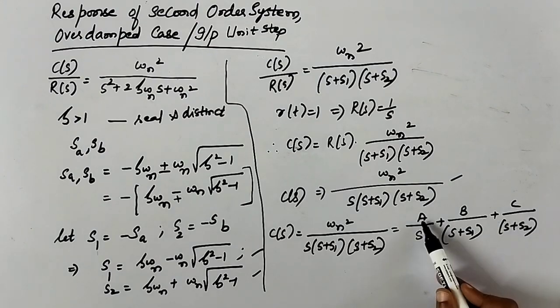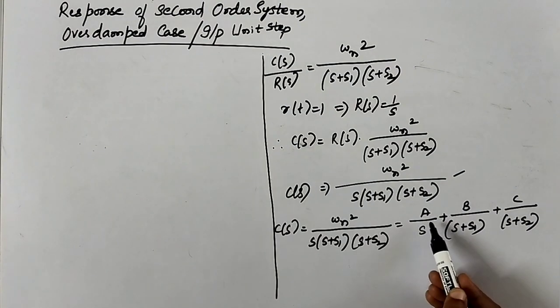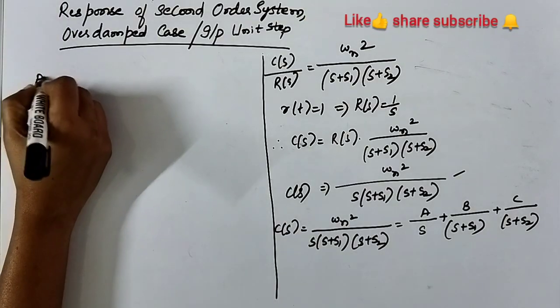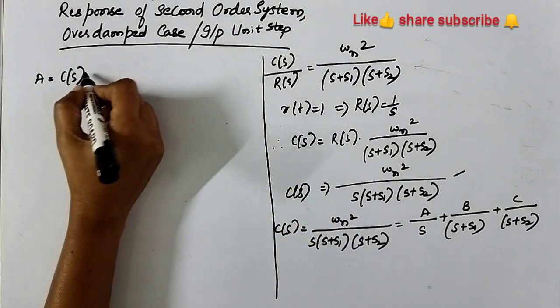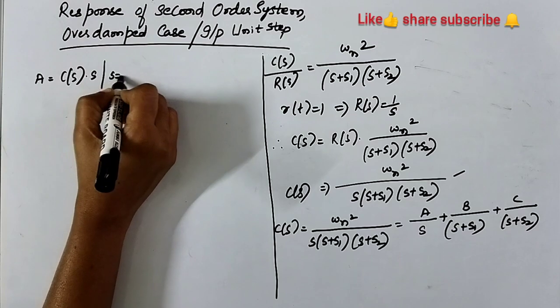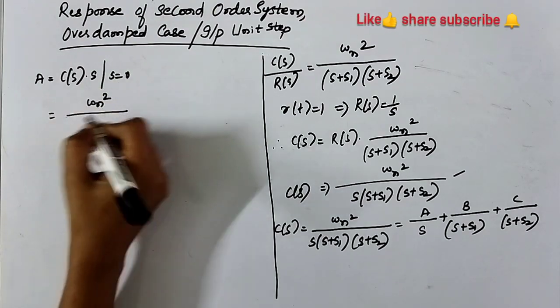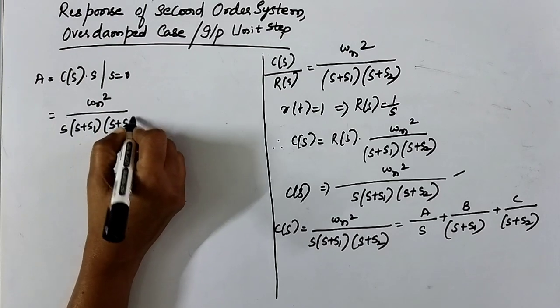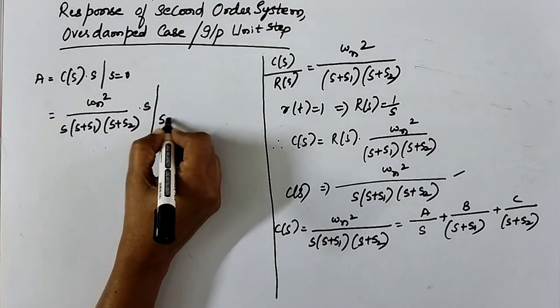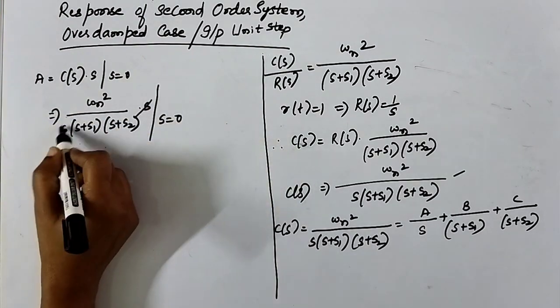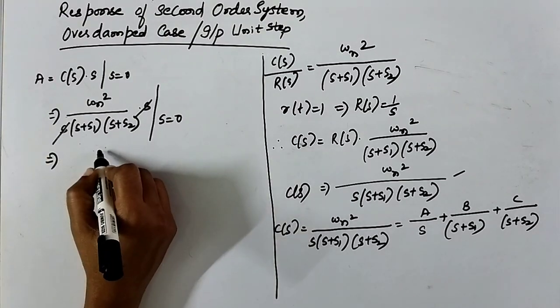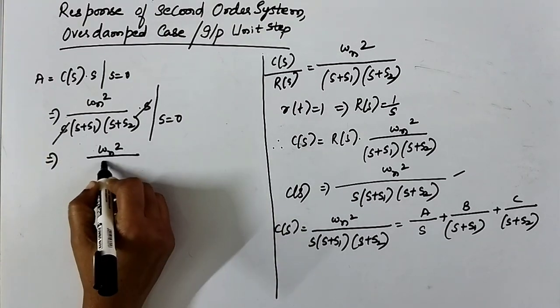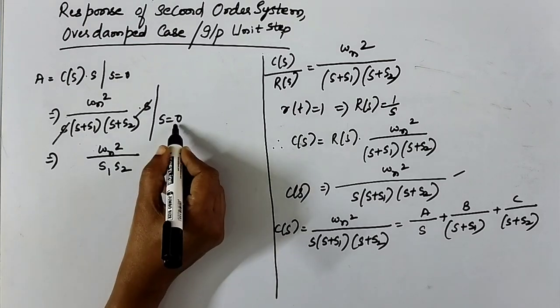We are supposed to find out coefficients A, B and C. For finding coefficient A equal to C(s) into s for s equal to 0: omega n square by s into (s plus S1) into (s plus S2) into s, for s equal to 0. That would be omega n square by S1 into S2, because we have s is 0 here.